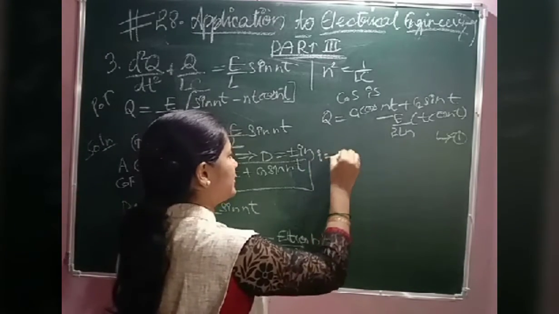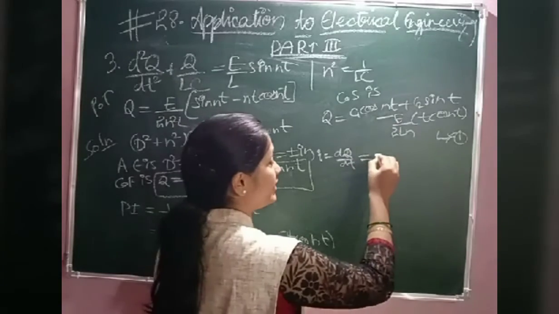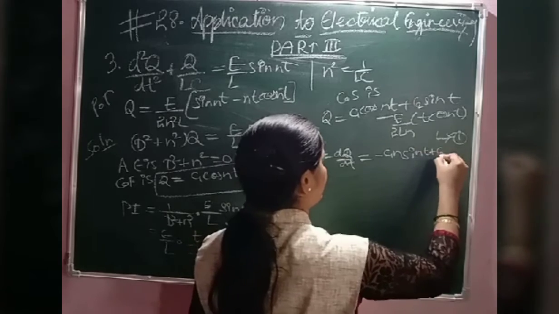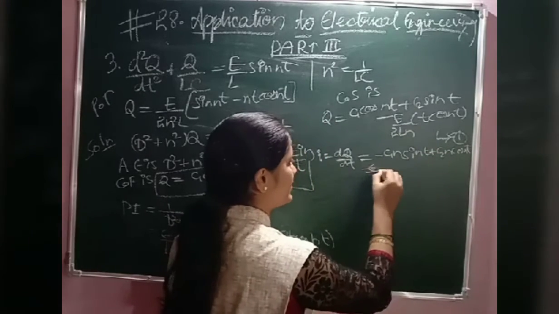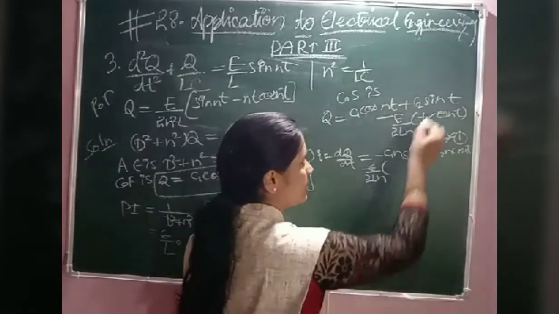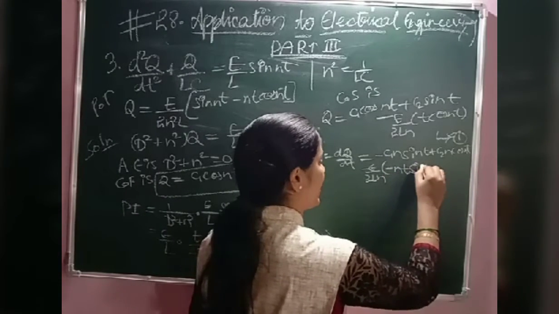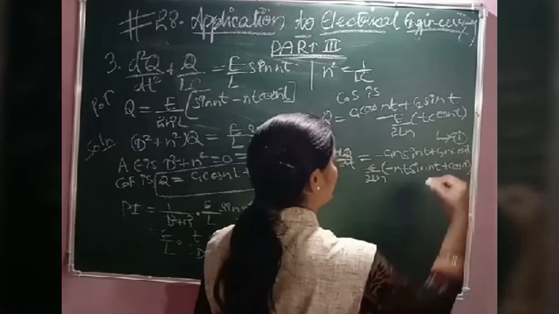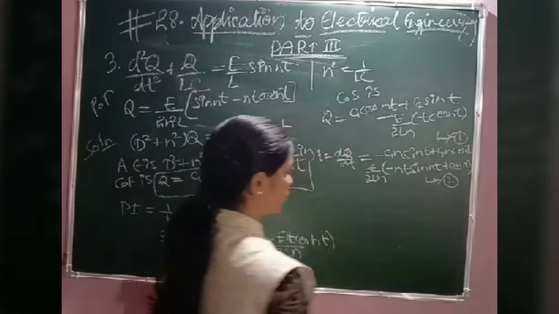So I, that is dq by dt, equals minus C1 N sin Nt plus C2 N cos Nt. Now this is a product rule, minus E by 2LN as it is constant: the differentiation of cos Nt is minus N sin Nt, times t, plus cos Nt as it is, times the differentiation of t, which is 1. Let us take this as equation number 2.